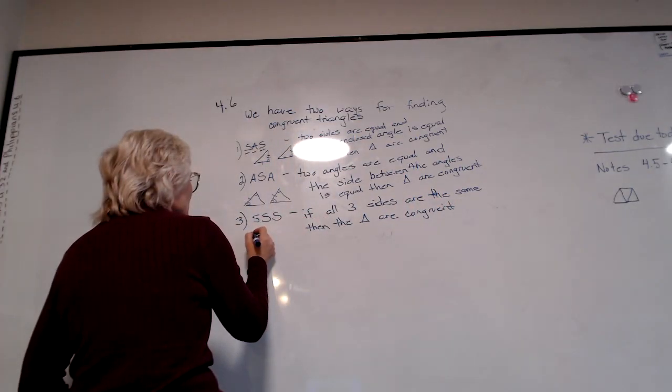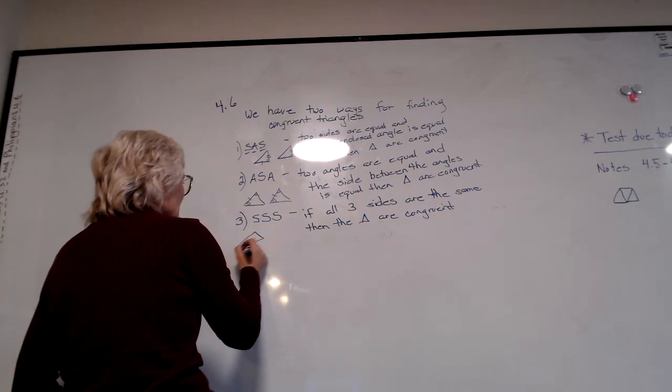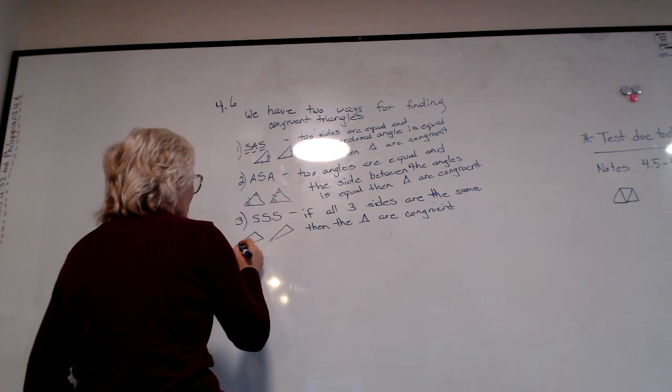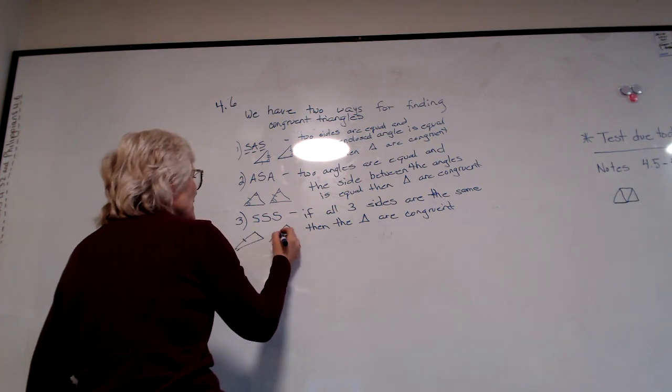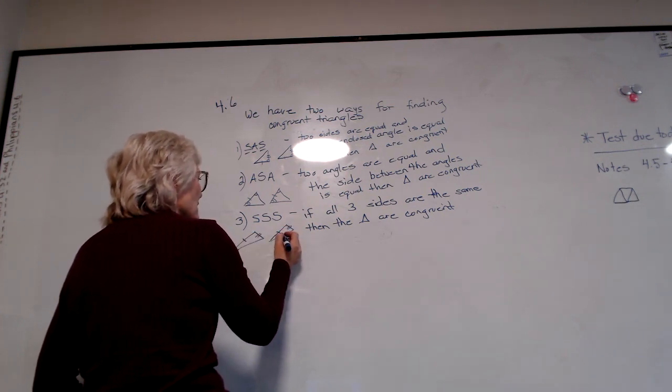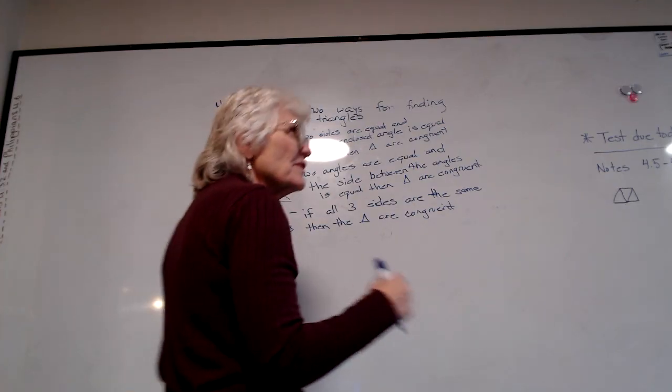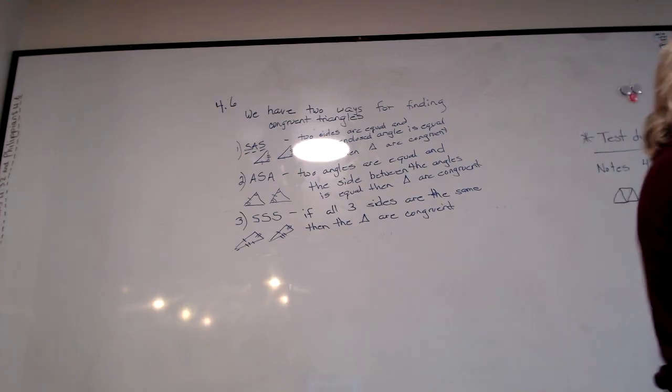Okay, so this is kind of like if I had something like this. Let's see if I can draw it. Well, they're not the same, but we're going to pretend they're the same. All of that, they would both be equal.